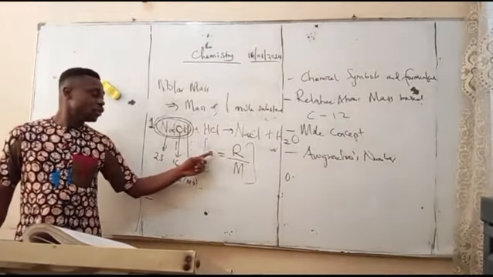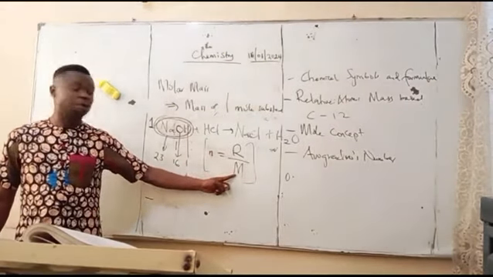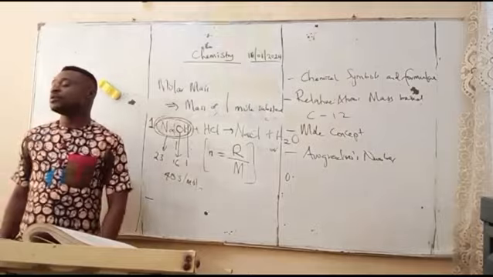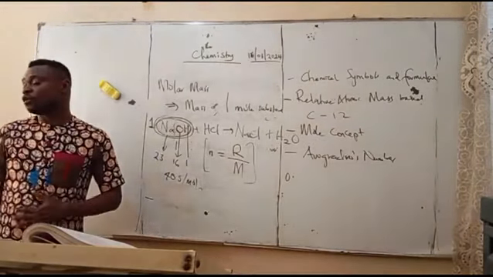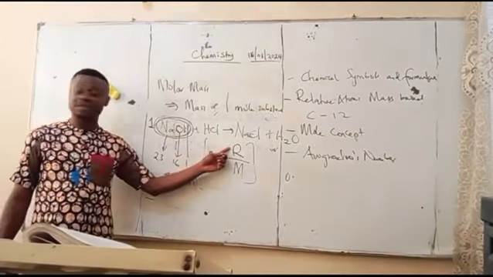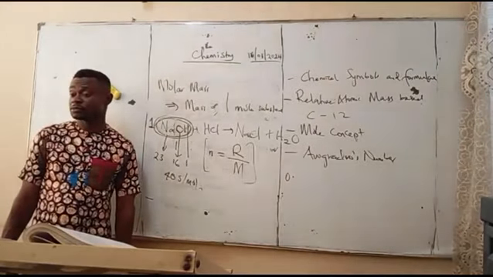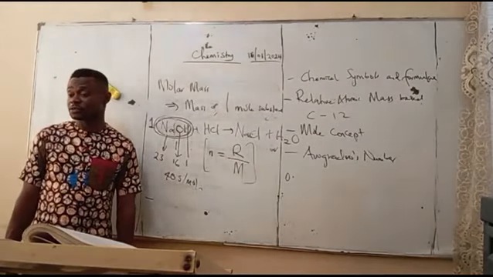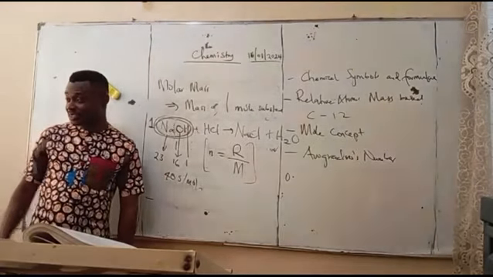So if you know the number of moles, you can find the mass participating in the reaction, which is called the reacting mass. Number of moles is equal to the reacting mass over molar mass. Any confusion? Are you with us? Is it clear?